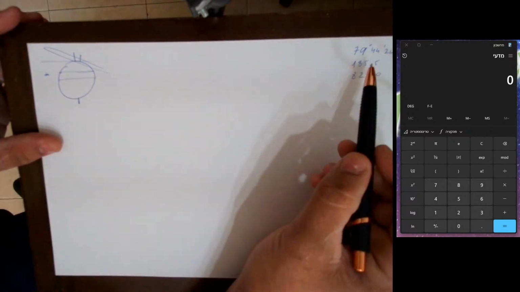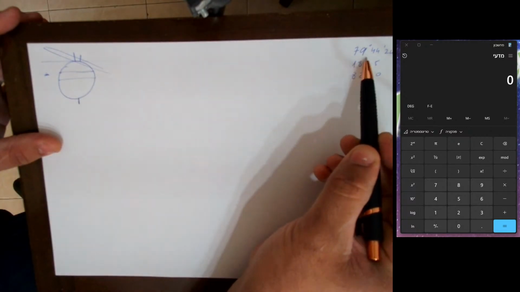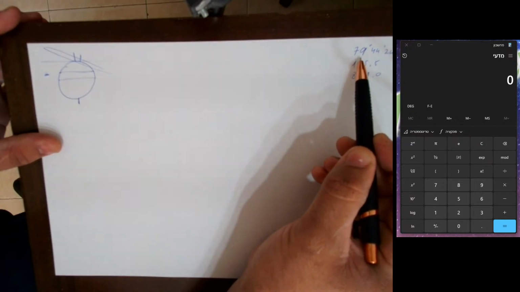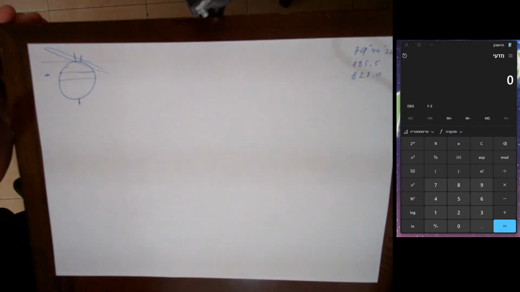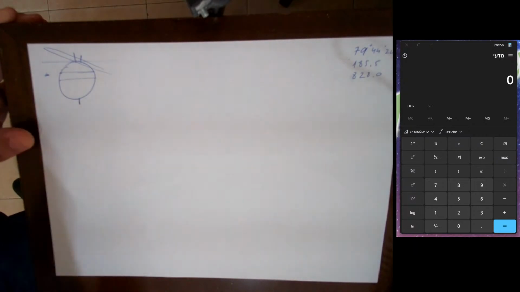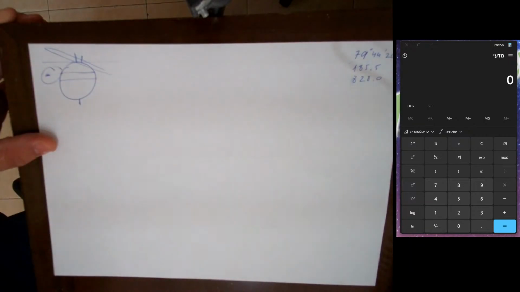So now let's calculate the distance from their location to the North Pole, and then we'll calculate the distance of the sun, because it's not the solstice. So we need to do a little bit of trig up there. So let's start with the sun, okay?